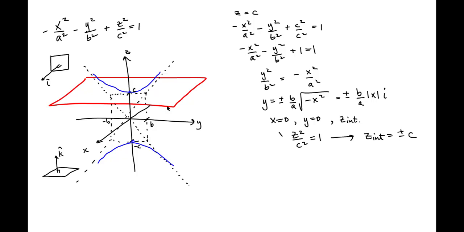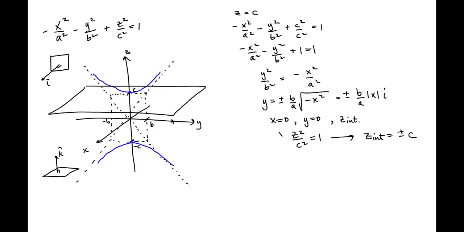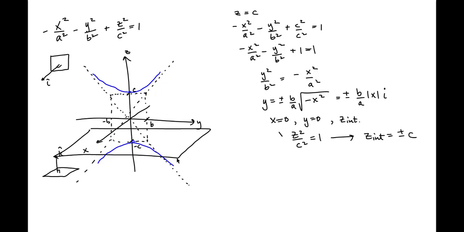That produces a vertex. And we could take our z equals minus c plane, intersects our surface at z equals minus c, producing the other vertex. And those vertices are just points. Okay, well, z equals 0 told us nothing, but z equals c tells us more information.